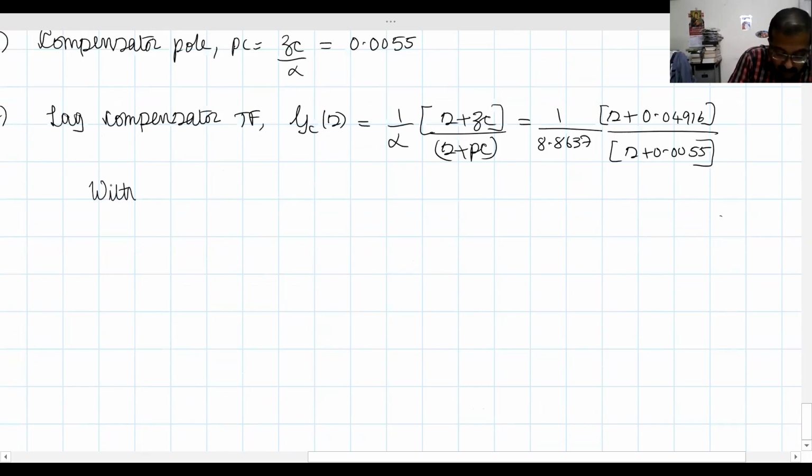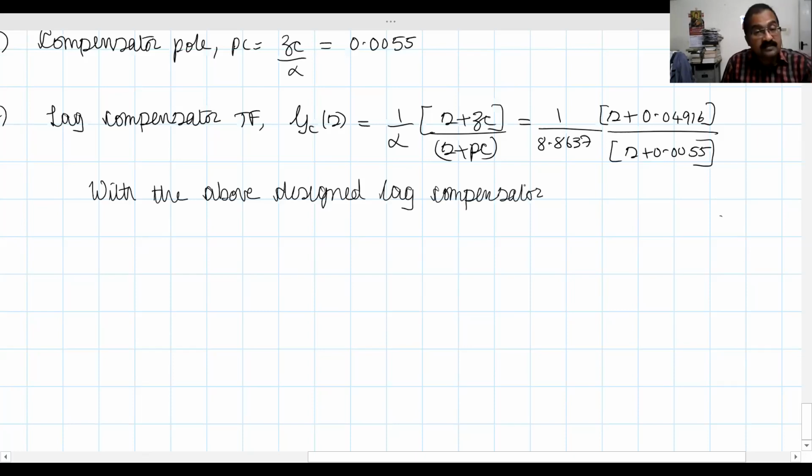With the above designed lag compensator, you can see that the closed loop system will be stable. Okay, you have to plot the Bode plot and see, then only you will understand. With this, the closed loop system is stable.